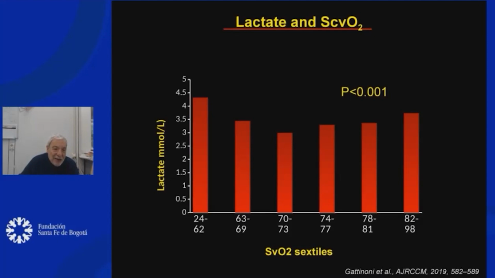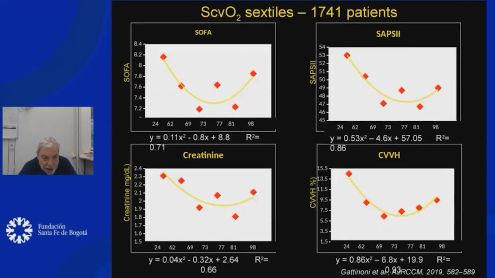Now the guidelines say, okay, give fluid here and give fluid here. But here the problem is not the transport. The problem is utilization. And I don't know if it's a great idea to give a lot of fluid in this condition.